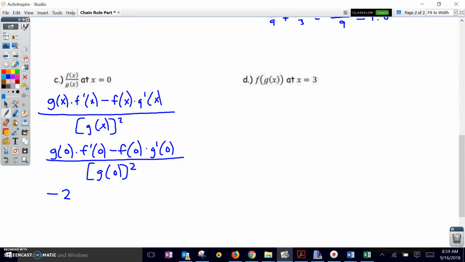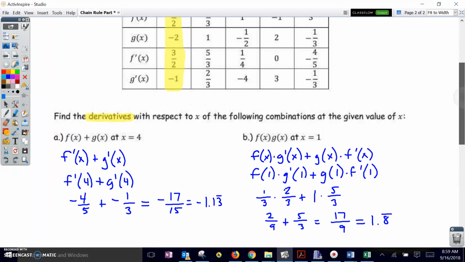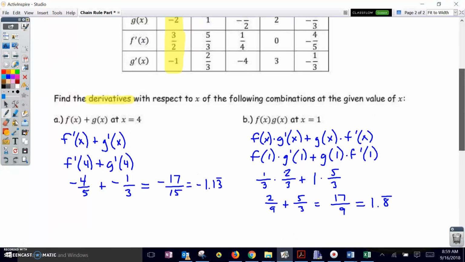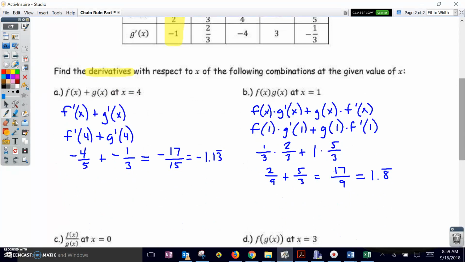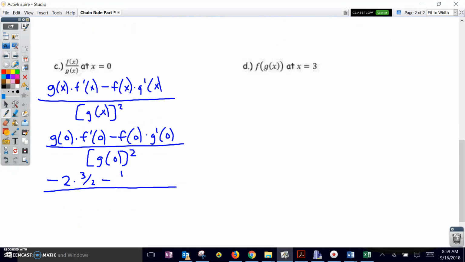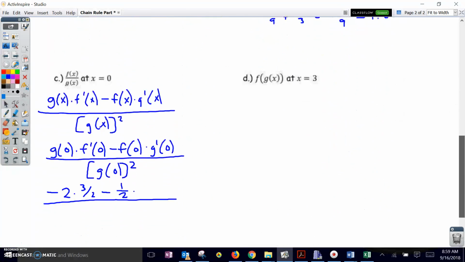Hope I don't make anyone nauseous with all my scrolling up and back for these values. F prime of 0, which is 3/2. F of 0, which is 1/2. G prime of 0, which is -1.